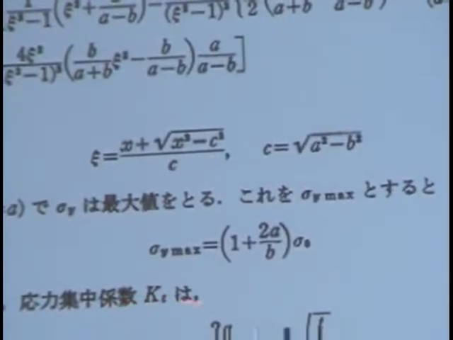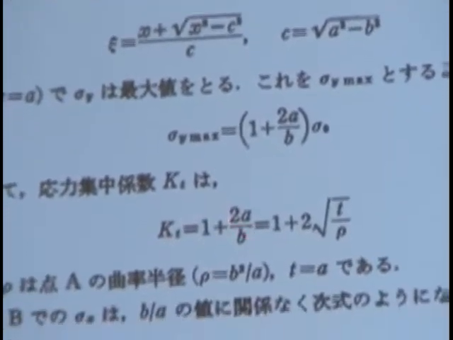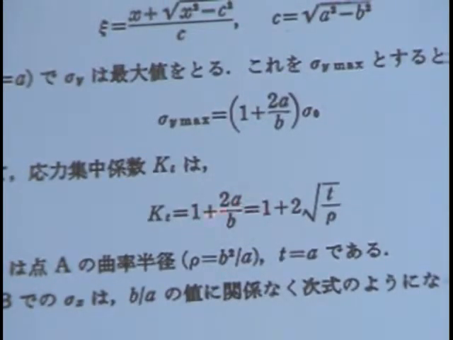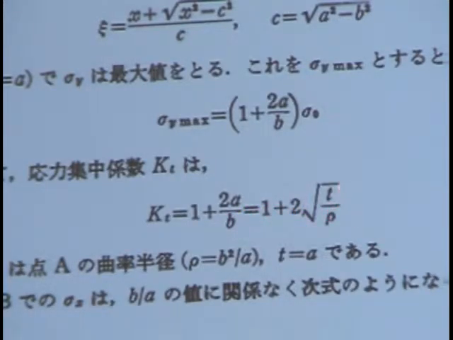Okay? In the case of a circular hole, A equals B, so we have 3 for a circular hole. But this is the expression for an elliptical hole. And this term is very often expressed in this form: square root of T over rho.